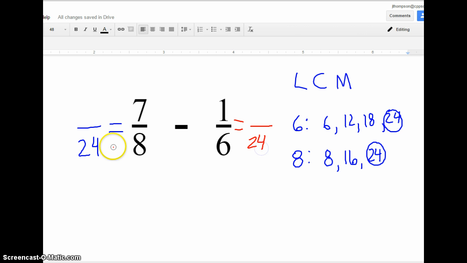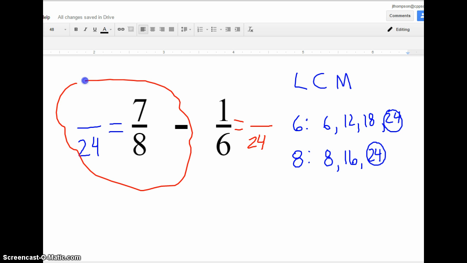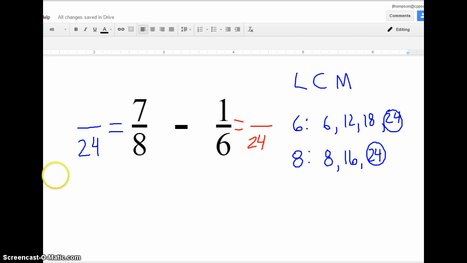Now I should point out that all my shorthand work over here, showing you the equivalent fractions, this is not a mathematically accurate sentence. You can't have two equal signs in a math sentence. I'm just showing you the equivalent fractions, kind of like they're separate things. These are like my thought bubbles here. So 8 times what gives me 24? Well, I can see here that it's 8 times 3.